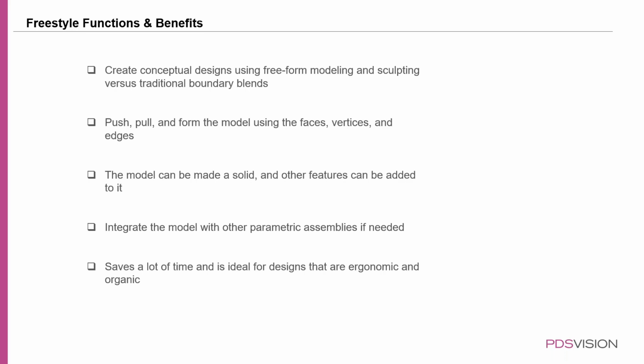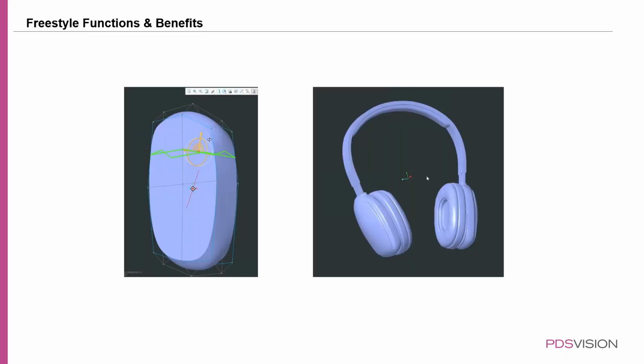Also, if need be, you can integrate the model with other parametric assemblies. This, as I mentioned earlier, saves a lot of time and is ideal for designs that are ergonomic or organic, because that's what we typically see with product design. So this tool is going to aid that workflow.